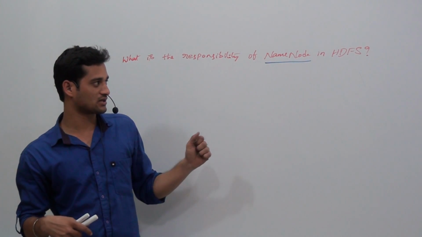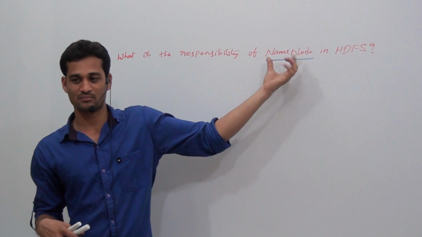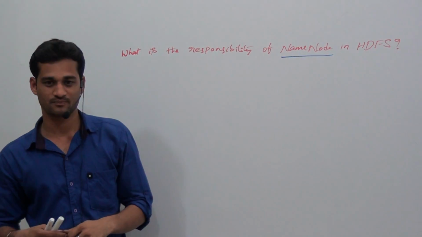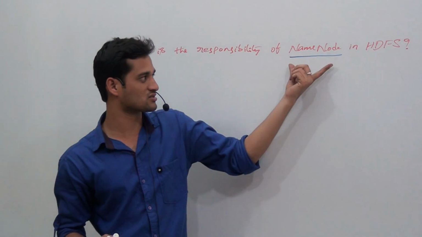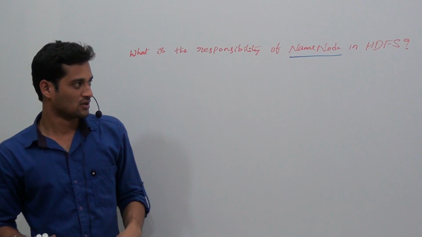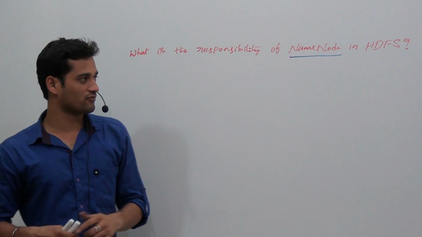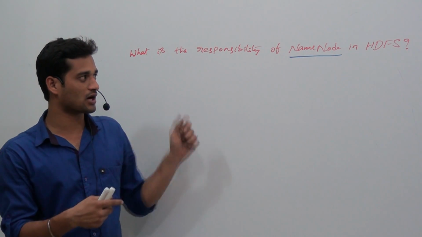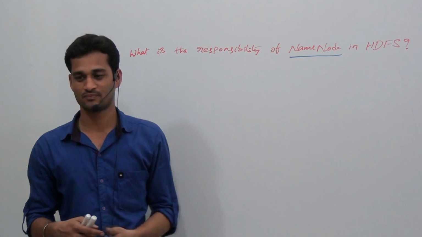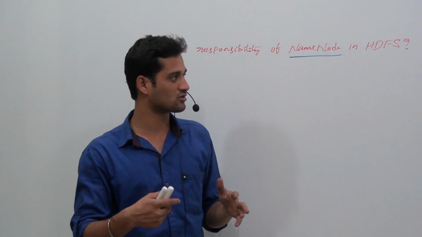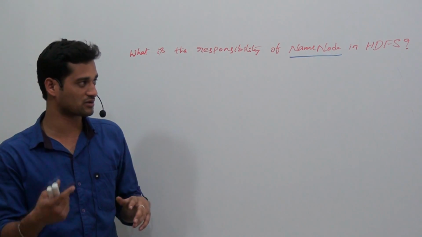So the name node is just creating metadata for all the blocks which we are storing in different data nodes. The main intention of the name node is creating metadata for those blocks. For every short period of time, every data node is sending a heartbeat and a block report to the name node, so that the name node can create metadata for the blocks from that data node.